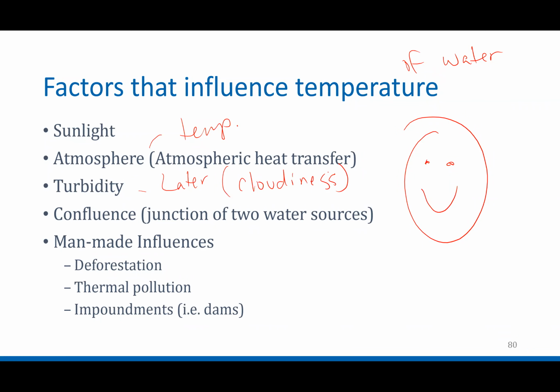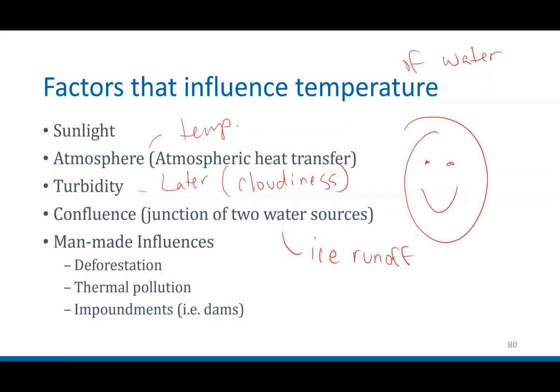I love this, confluence. Confluence is a fancy word. It means the junction of two water sources. So a source of warm water flowing into colder water can change temperature. Cold water, this is just an example, but if you had ice runoff in the winter, so from the top of a mountain, the snow and ice are melting and it's running down the mountain.